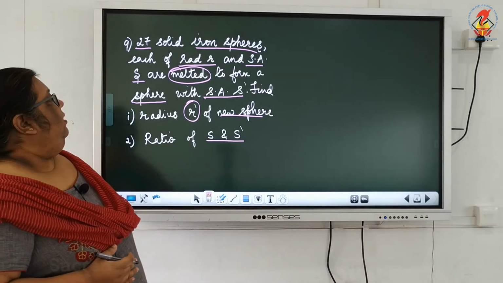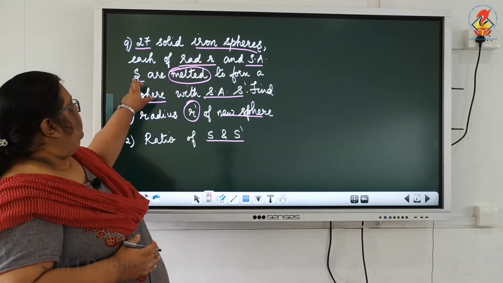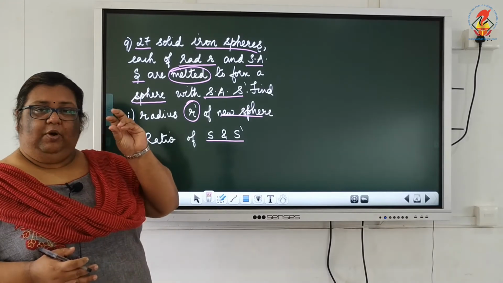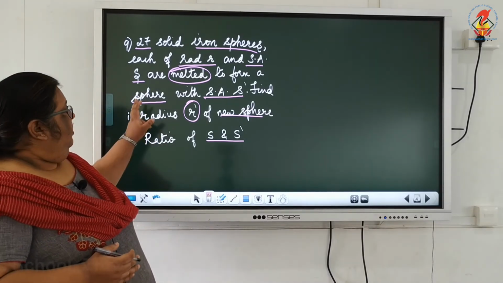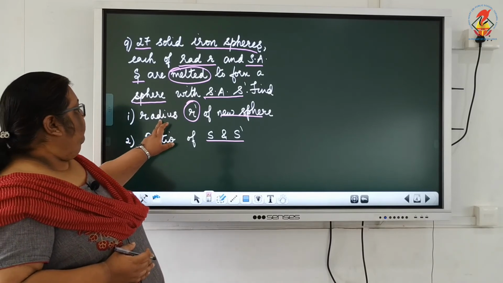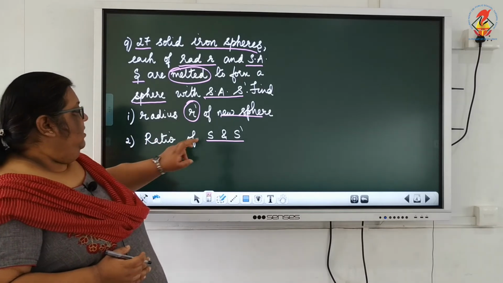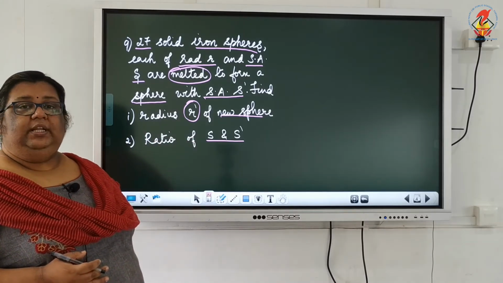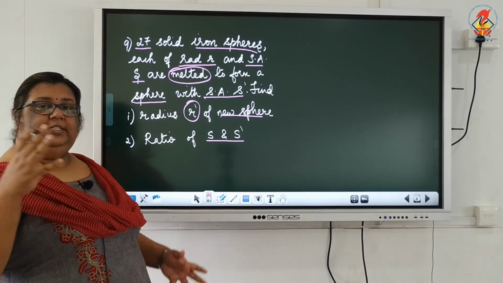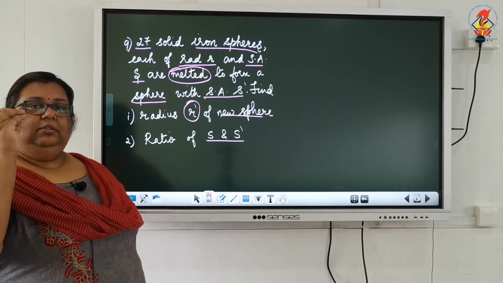Then the radius was r and surface area was s for those small spheres. The new big sphere surface area is s dash. We need to find the new big sphere's radius and the ratio of the surface area of small sphere and the big sphere. Is the concept clear?